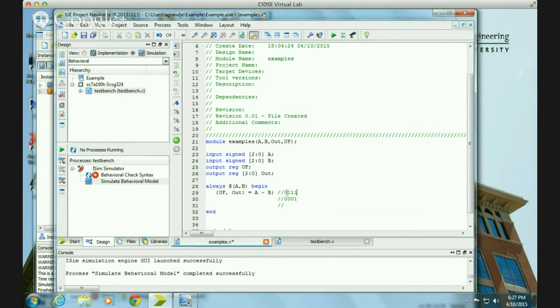Everything here will be positive, and then everything from here would be your negatives in your result, of course.